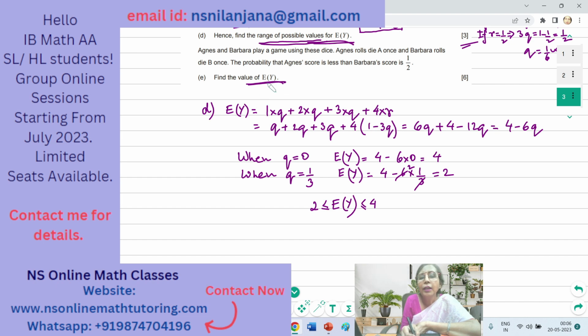It is not expected values, but a single value of EY. Given the condition that Agnes rolls dice A once and Barbara rolls dice B once, and Agnes's score is less than Barbara's score, the probability of Agnes scoring less than Barbara is half.